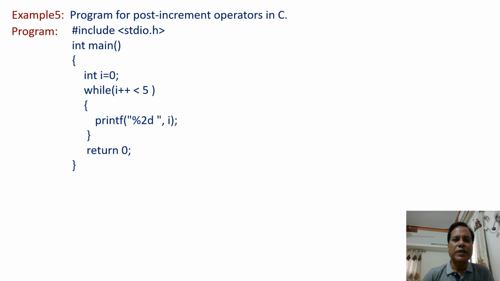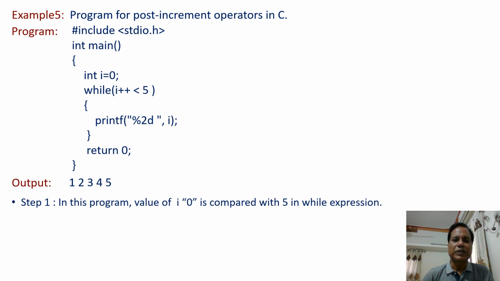Initially the condition is true, and a true condition means the body of the loop is executed. Until this condition is false, the body of the loop is executed, and after execution of this code we will get the output 1, 2, 3, 4, 5. So this would be the output of this program.